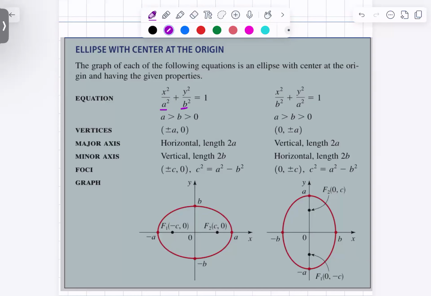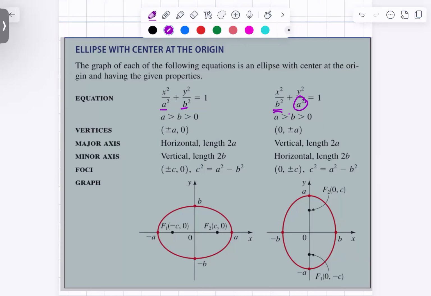If the number underneath the y squared is bigger than your x squared, then it's going to be a vertical oval like this. That makes sense? So just follow the numbers.